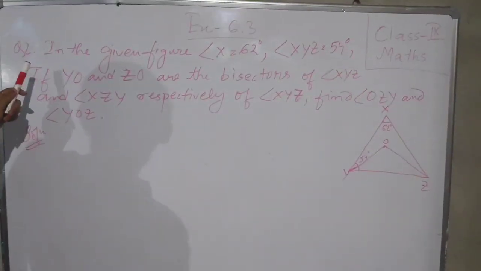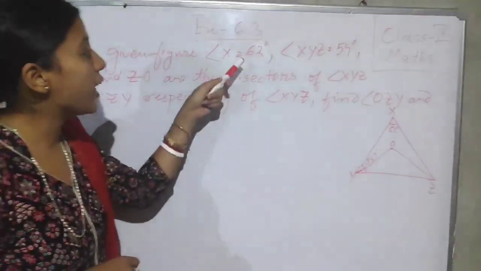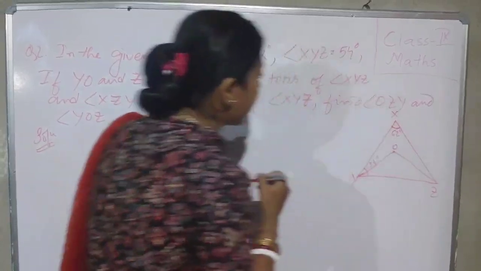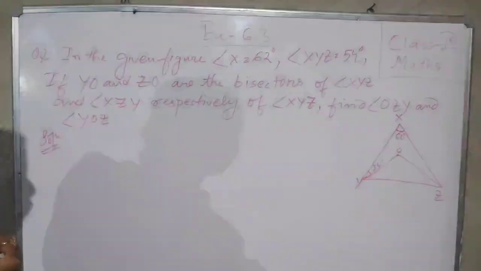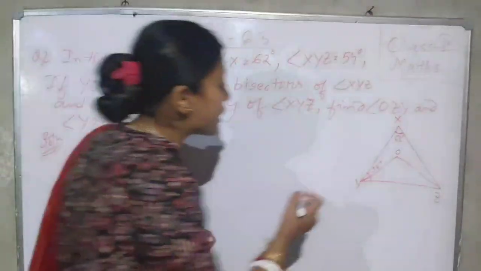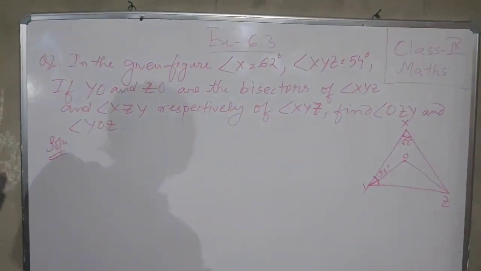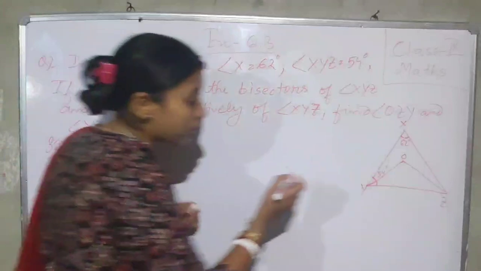Okay, now question number 2. In the given figure, angle X equals 62 degrees and angle XYZ equals 54 degrees.